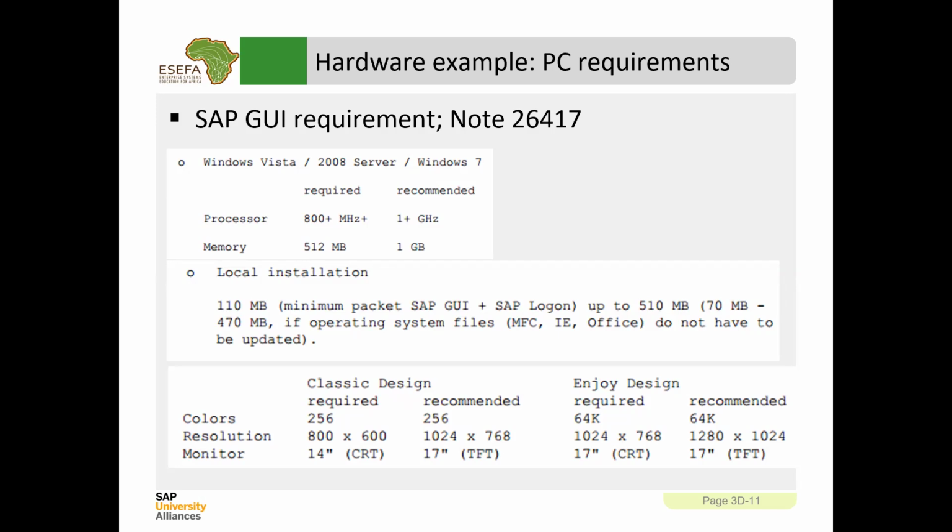So you can see that we are more advanced than most of these requirements. So you can see that the SAP GUI can run in almost all present day systems. The present day systems will have all of these or most of these features. So local installation, 11 megabytes minimum package. So we see the size and then some other features that are involved as a requirement of a system that can run the SAP GUI.